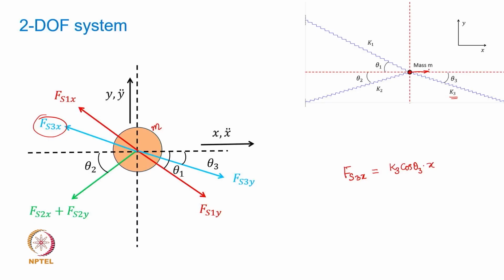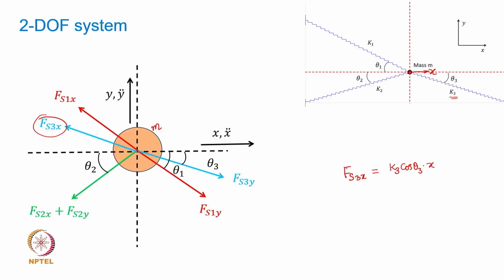So if this displacement is x, then that K3 cos theta 3 x is going to be the force on the mass m acting from the spring S3, which is having a stiffness K3 in the direction which is shown, because the spring getting compressed, the mass is going to get pushed back.